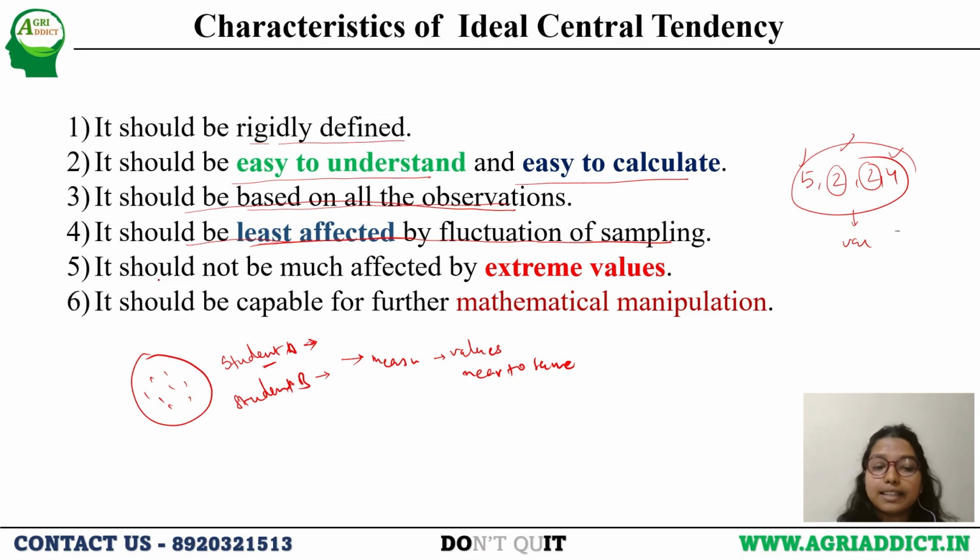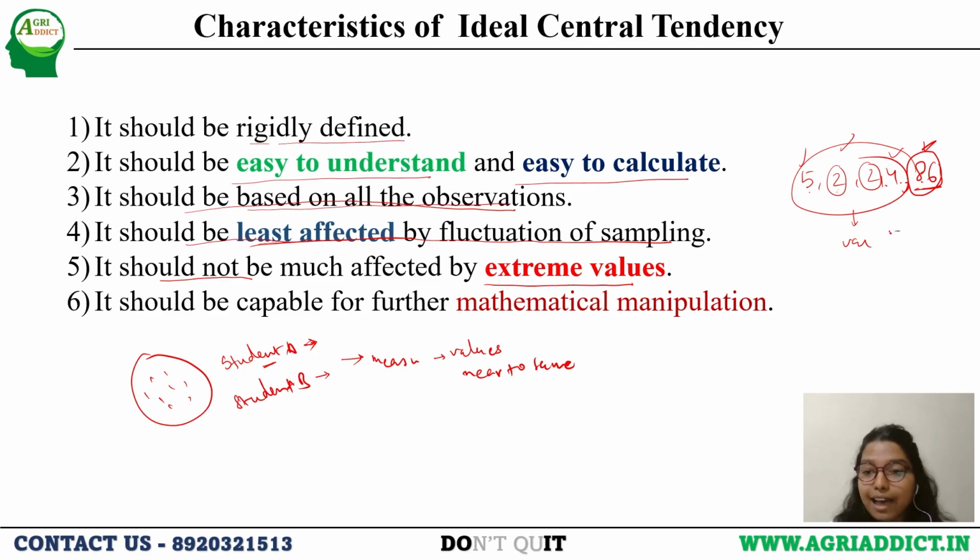The fifth point is it should not be much affected by extreme values. What does it mean? For say this data I have taken, in this I include 86. Okay, so we have 5, 2, 2, 4, and 86. Then suddenly 86 is a very big number compared to 5, 2, 2, 4.